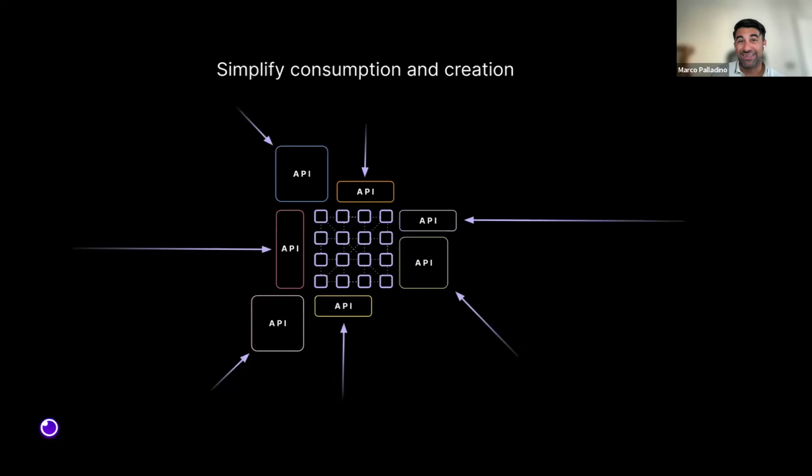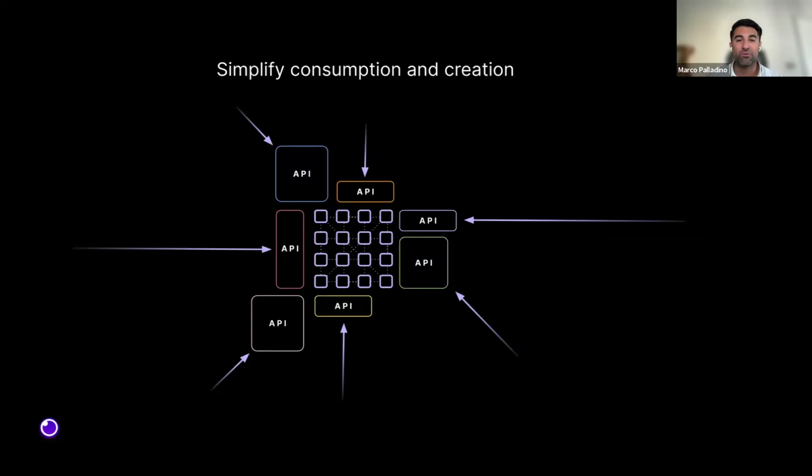And so with Insomnia, we really wanted to provide something that would allow us to simplify both the consumption of APIs, but also the creation of APIs. Ultimately, APIs are almost like a social activity. There are producers, there are consumers, and consumers are the customers of the producers. And there must be a way for them to be able to capture feedback and work in a collaborative way when building the APIs.